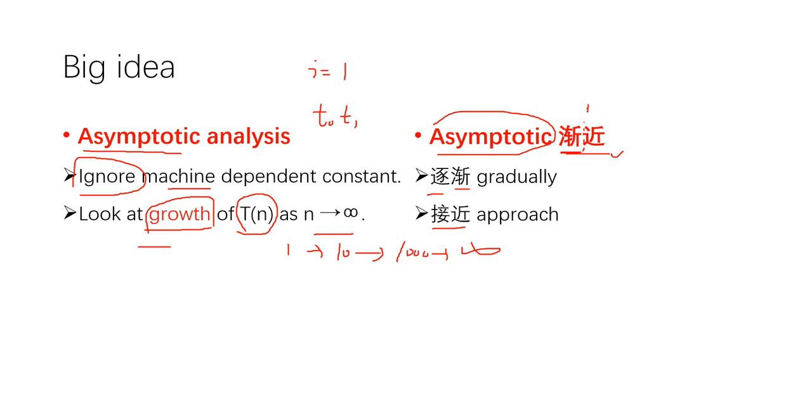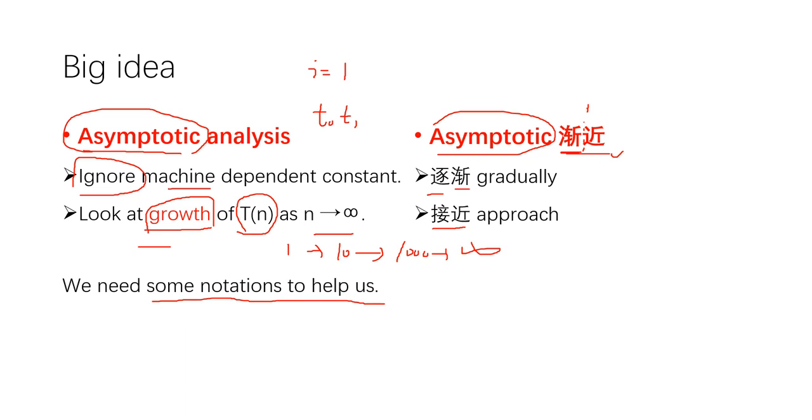That is the tool, or the big idea, of how we analyze algorithms. In order to understand asymptotic analysis, we need some notation to help us. You can call it symbols, but more precisely it is notation.